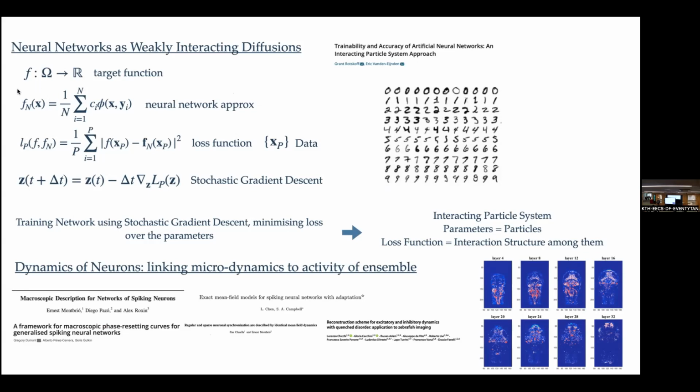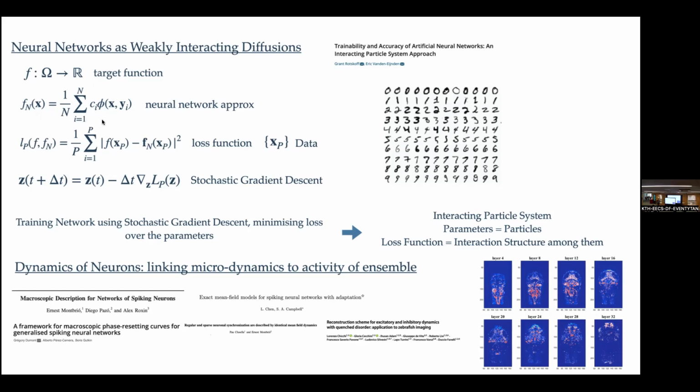Basically, in machine learning, you want to estimate some kind of target function. You have this function f that you want to estimate, and you want to give what is called a neural network approximation of this function. So you fix some kind of functions phi, and you have some parameters c and y, and you estimate your target function with this neural network approximation.